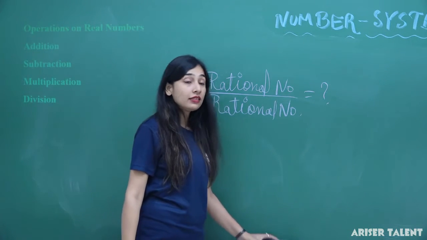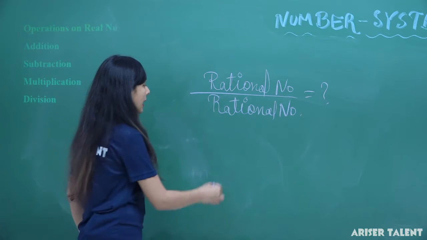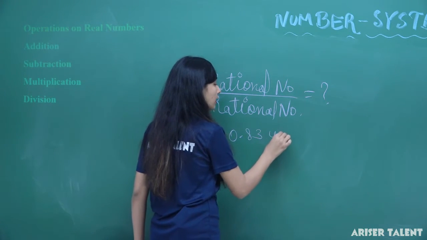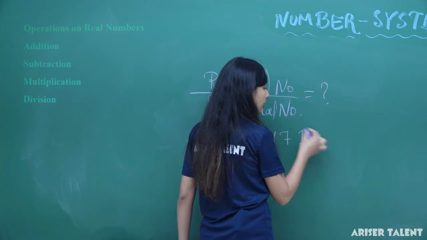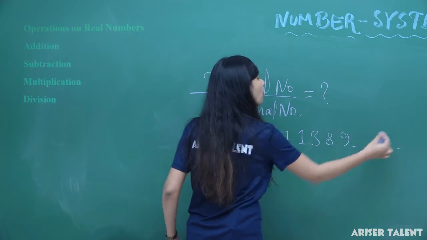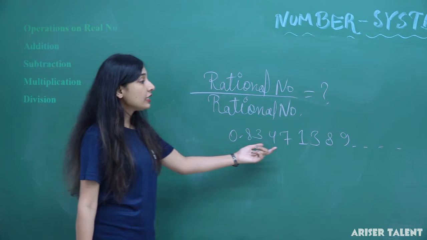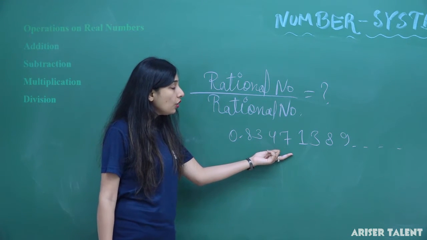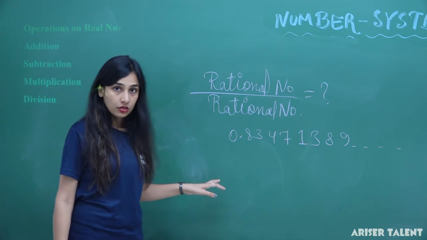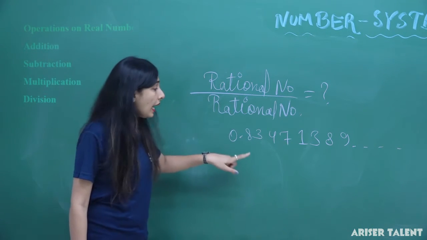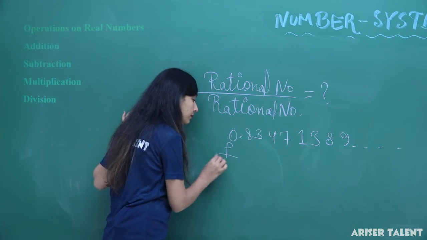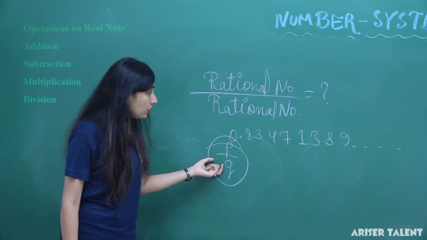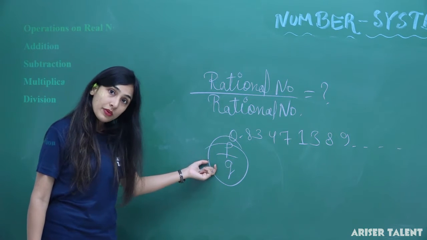Now, if you are dividing some values by some values and you are getting this number 0.83471389 and so on, in this particular case, if I tell you to just reverse the process and put it in a P by Q form, if you can do this, this is a rational number.